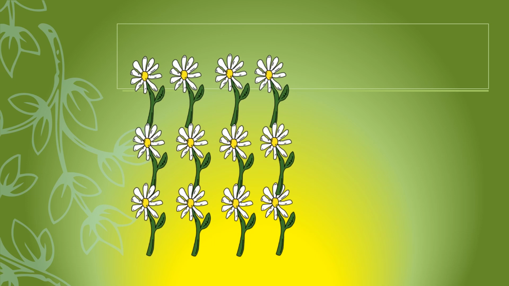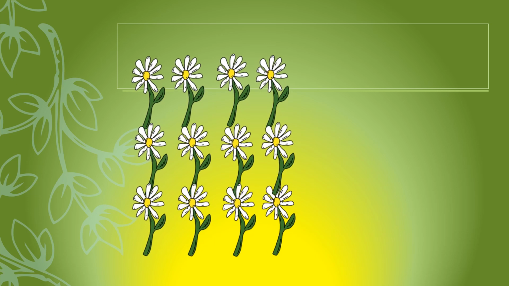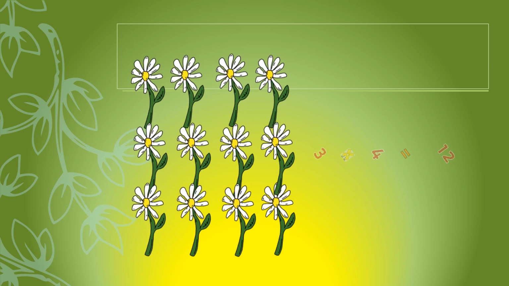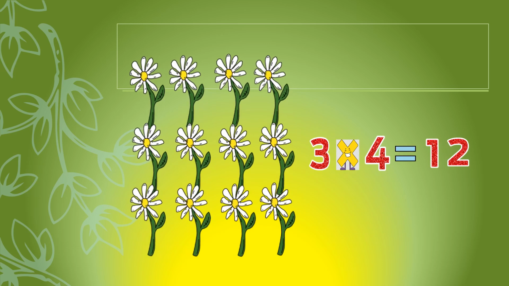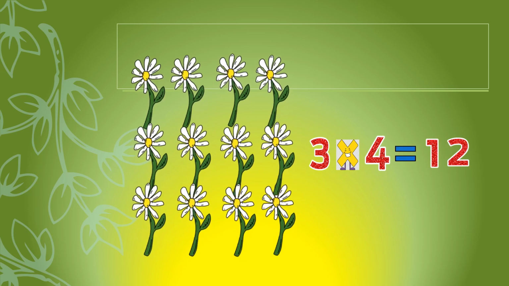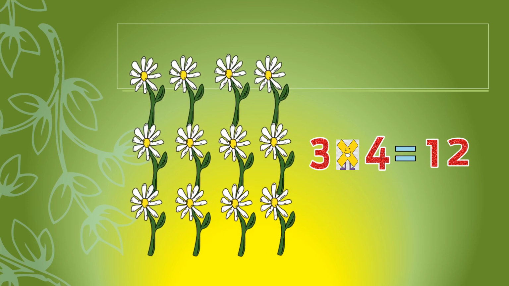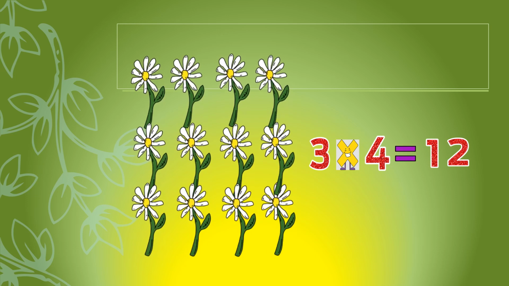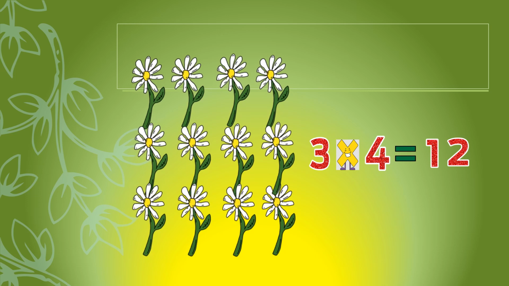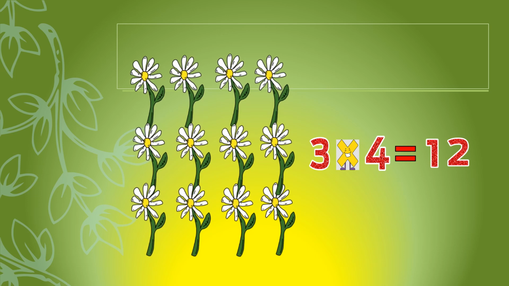So children, you can see there are 3 rows and each row is having 4 flowers, right? Which gives a total of 12 flowers. So 3 multiplied by 4 equals 12. Here, if we divide 12 by 4, we'll obtain 3. And you can see there is no flower left behind.